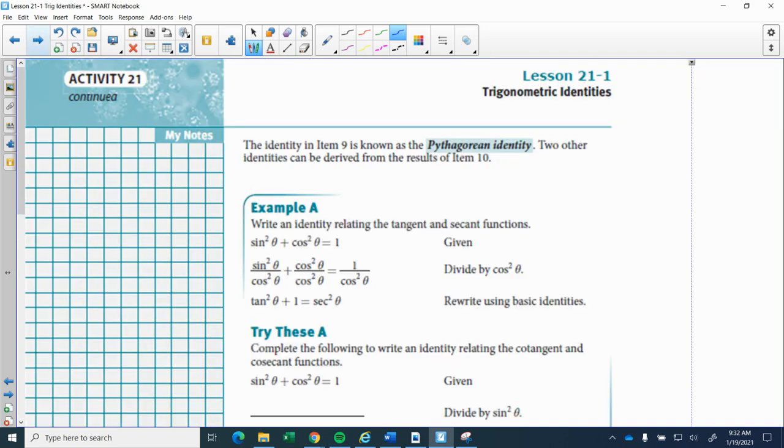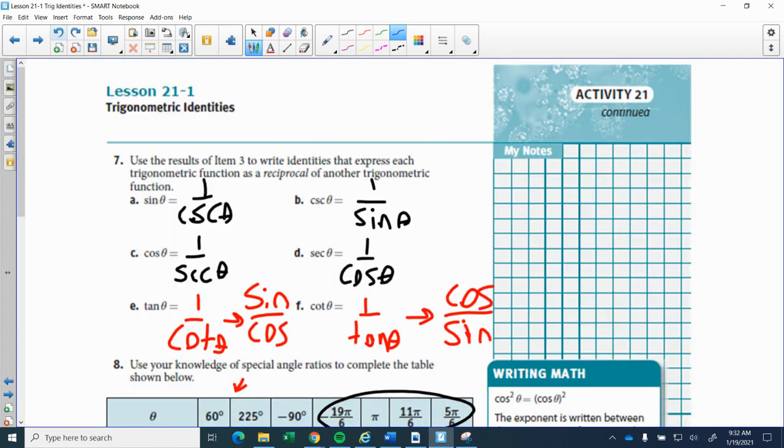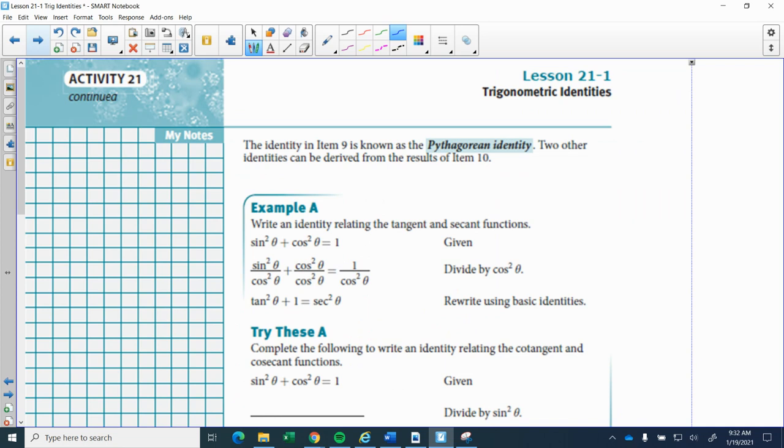Now, understand there's a lot of different forms that this can take on. For example, if I look at this particular example, notice how I start off with my Pythagorean identity, but they're saying, what if I were to divide by cosine squared? Well, notice if I divide by cosine squared, this would cancel out and become 1.